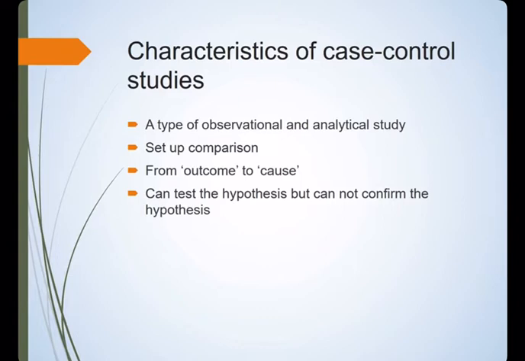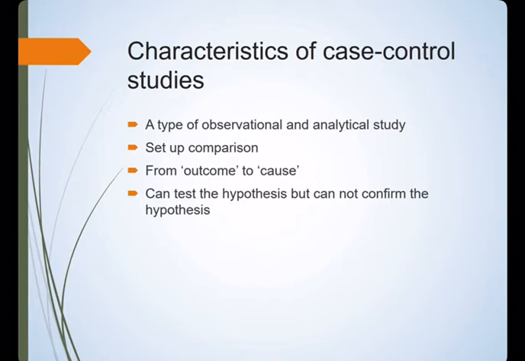The second characteristic is that we usually need to set up a comparison. As mentioned in the definition, we first have the cases, the participants who have this disease, and then we select controls who do not have this disease. We have to compare the diseased and non-diseased people, so that is called a comparison.